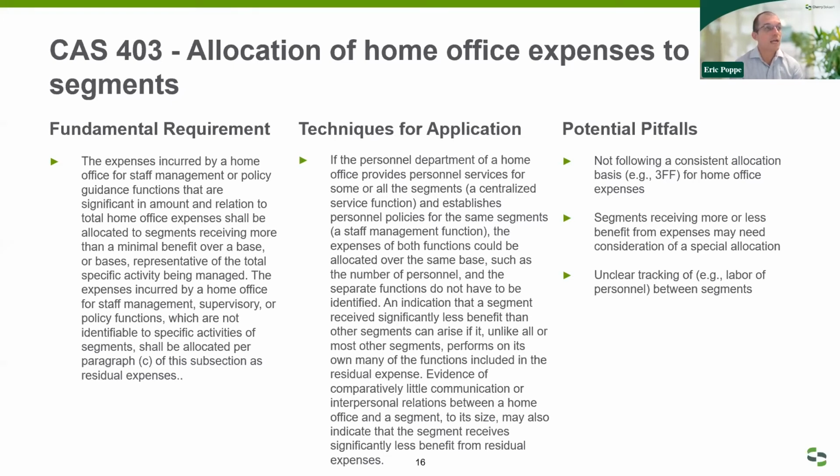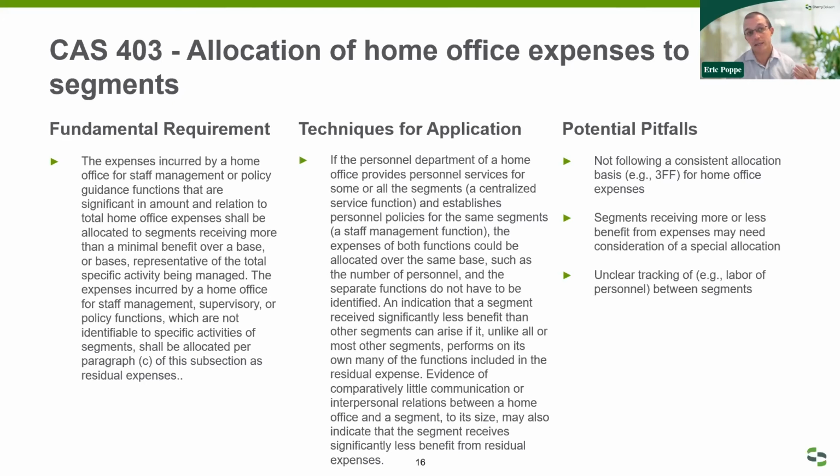So you are saying that you're going to allocate costs based off of labor or labor hours, but you can't really track labor between the segments, or maybe you're saying you're allocating IT costs based off of equipment, but you really don't have a system to adequately track that equipment and where it went to. So just unclear tracking and unclear documentation for the standard.